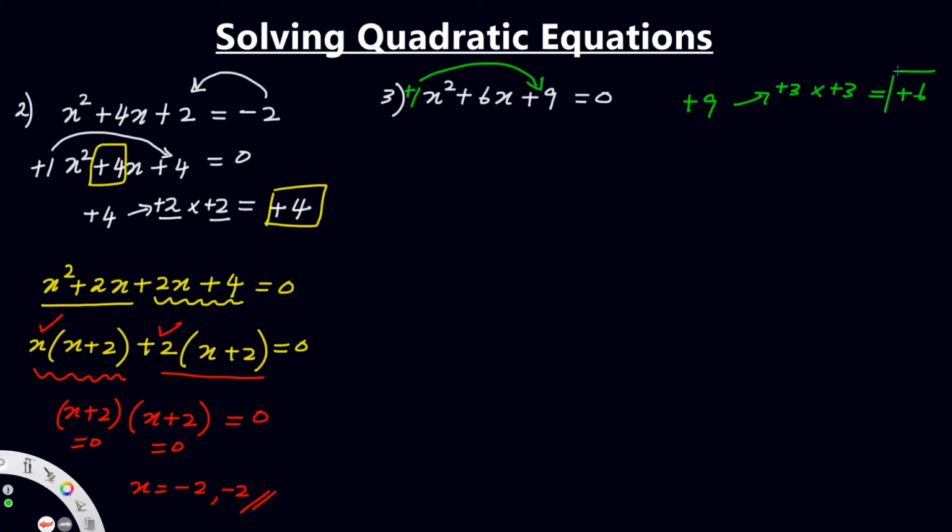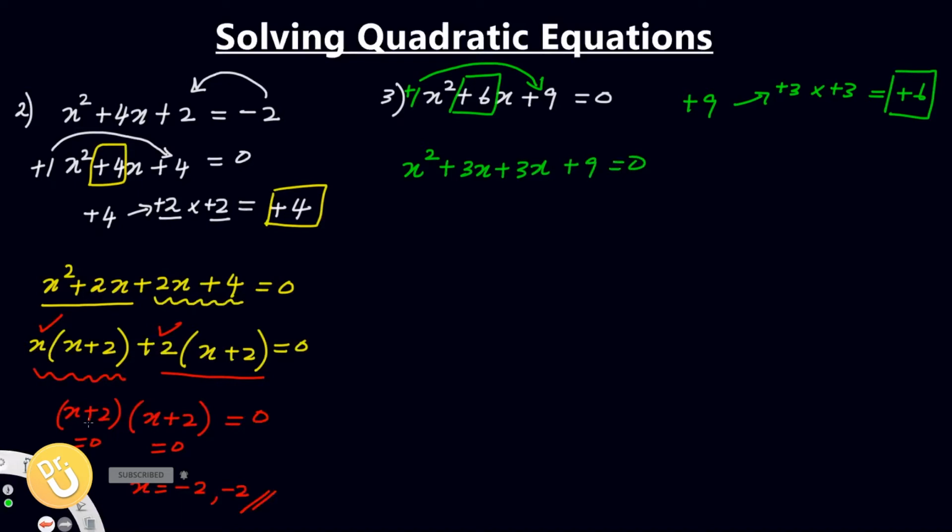So +6 is compatible with the middle term over here. Now I can rewrite it as x squared plus 3x plus 3x plus 9 is equal to 0. If you think about these two terms, x is a common factor, so take that out.